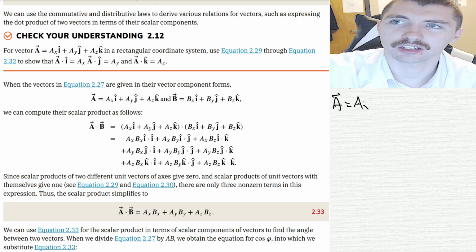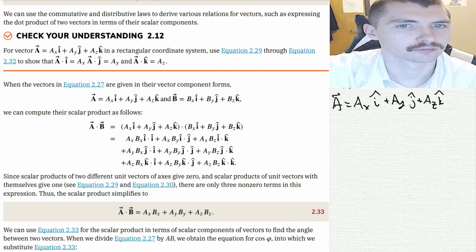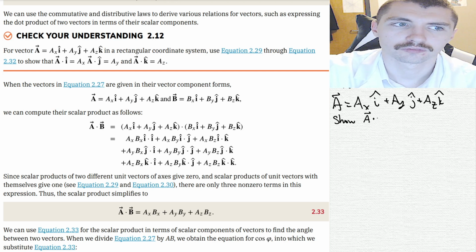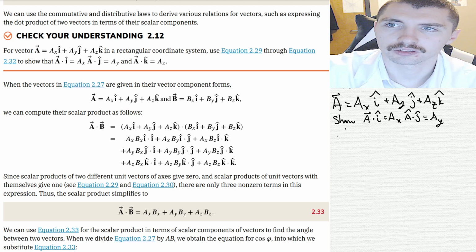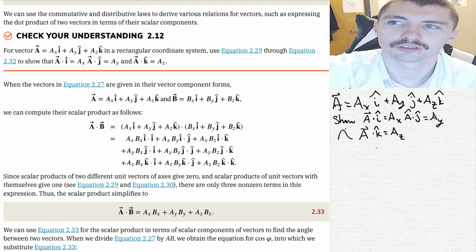A is AX, magnitude of A in the X direction. And AK equals AZ.